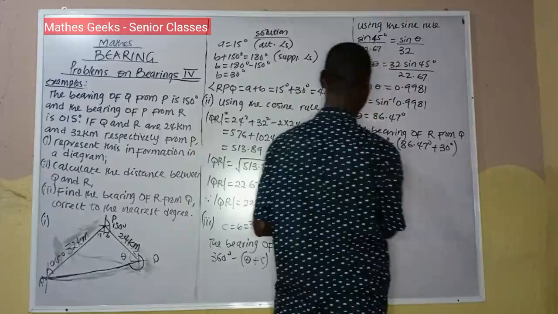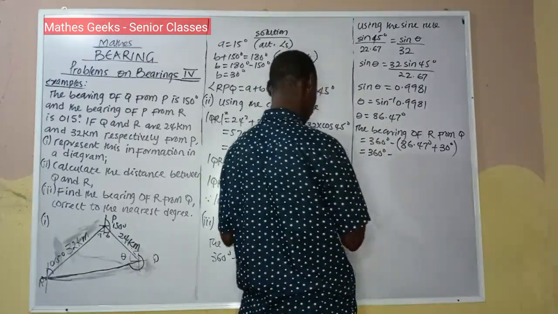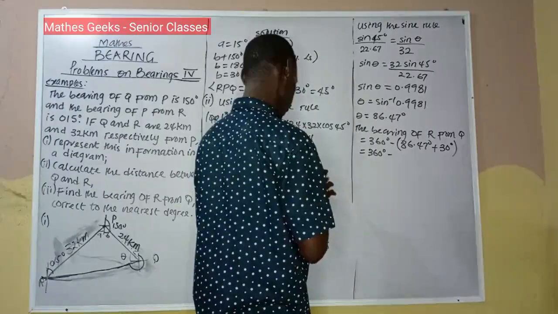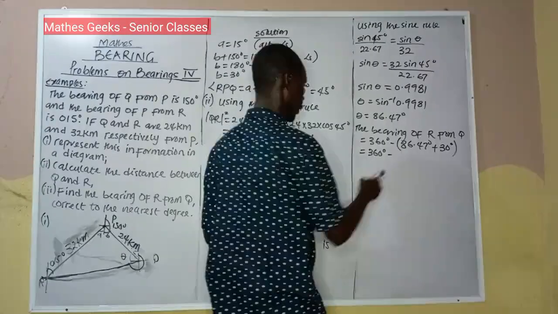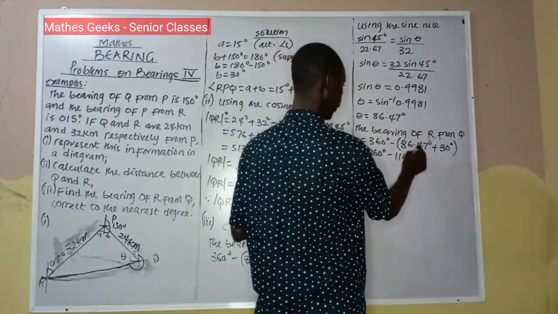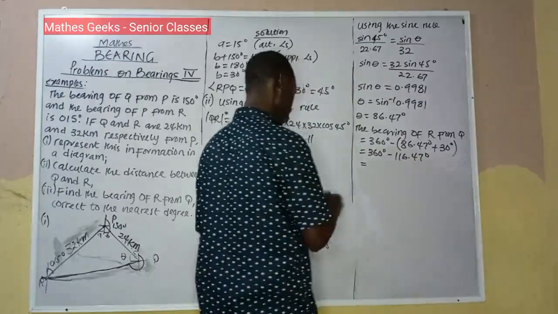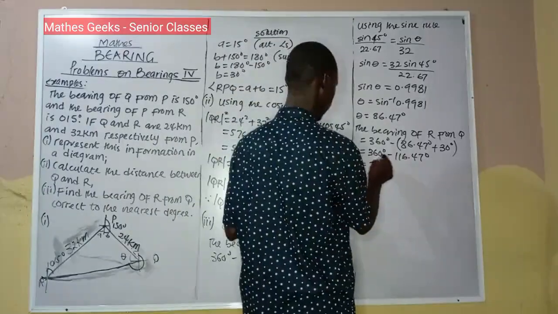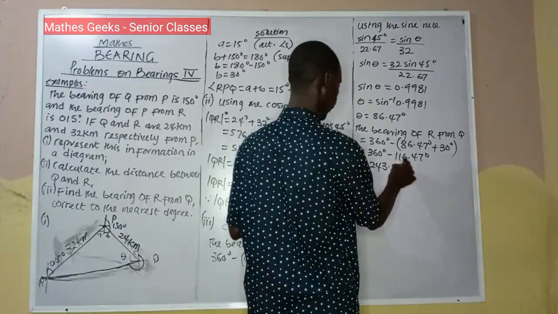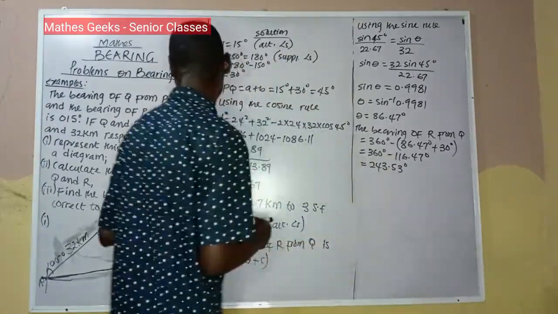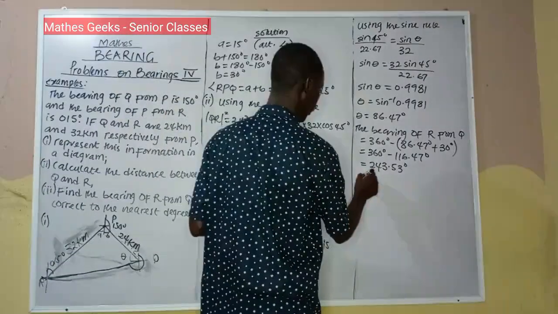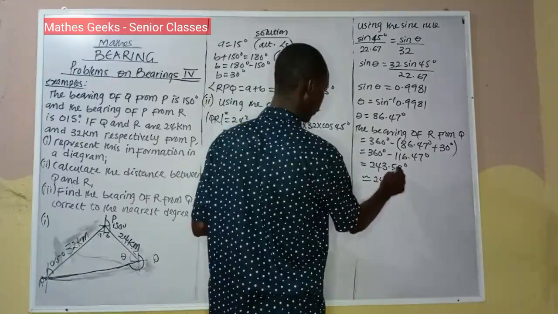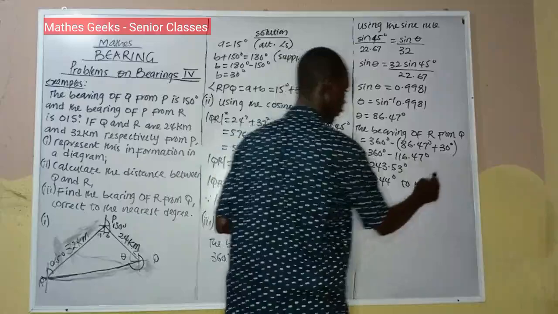Now you give us 360 degrees minus 86.47 plus 30, which is 116.47 degrees. 360 minus 116.47 is 243.53 degrees. But our answer should be correct to the nearest degree. So approximately, this will give us 244 degrees. So the nearest degree.